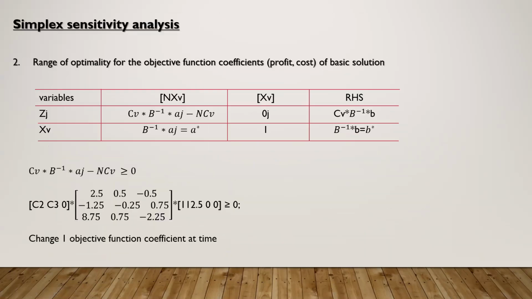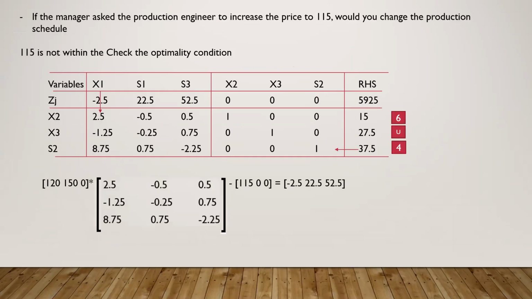So let's go to the second case, when you have the range of optimality for the objective function for the basic solution. Assume your manager wants to increase the price for the second or third product because he's satisfied with this matrix.